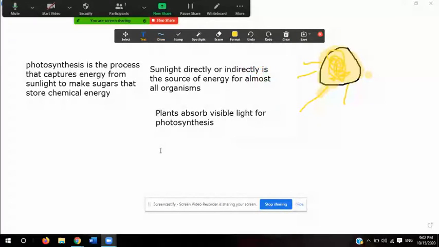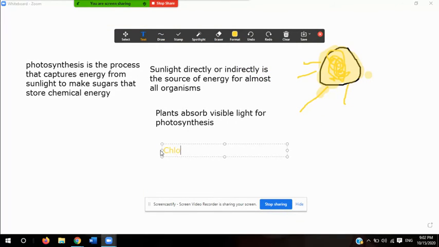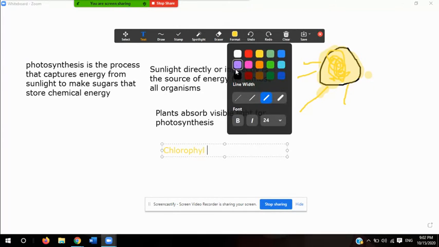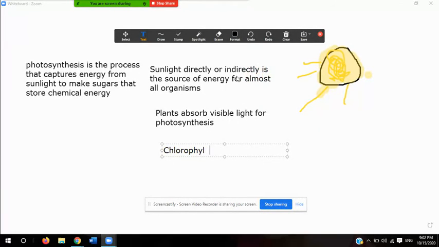Chlorophyll is a molecule in the chloroplasts that absorbs some of the energy in visible light.